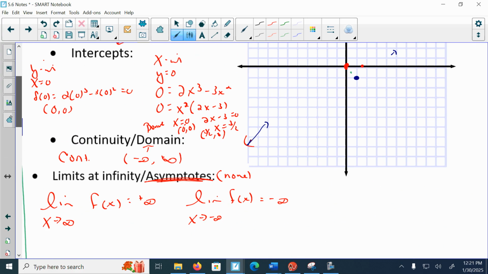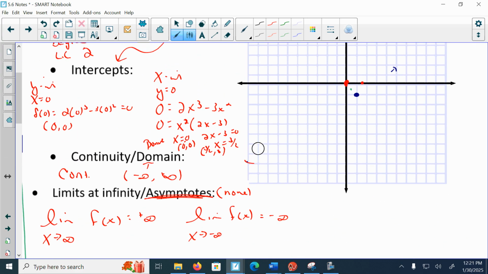So I'm still increasing, so I'm going to go like this. Increasing in here, start decreasing, still concaving down. At this point here, I start increasing up to this point here, which is a relative min, and then it goes up. And that is going to be my graph. I can check on my calculator. That's what I have to have.